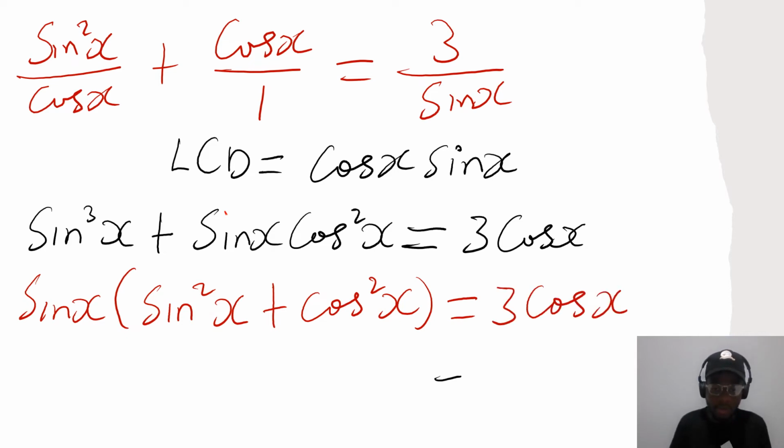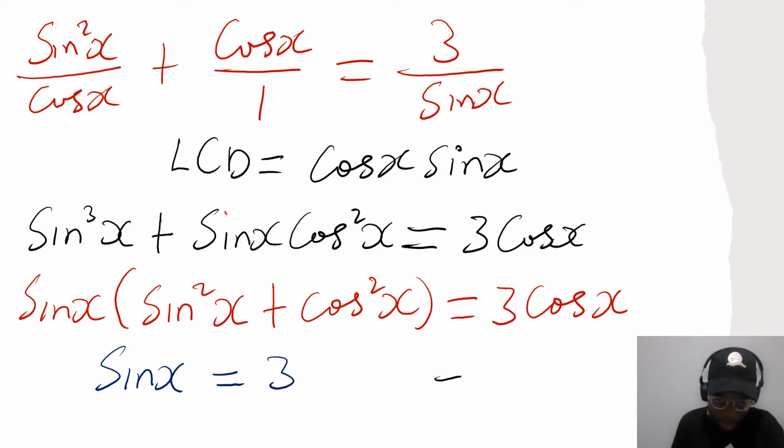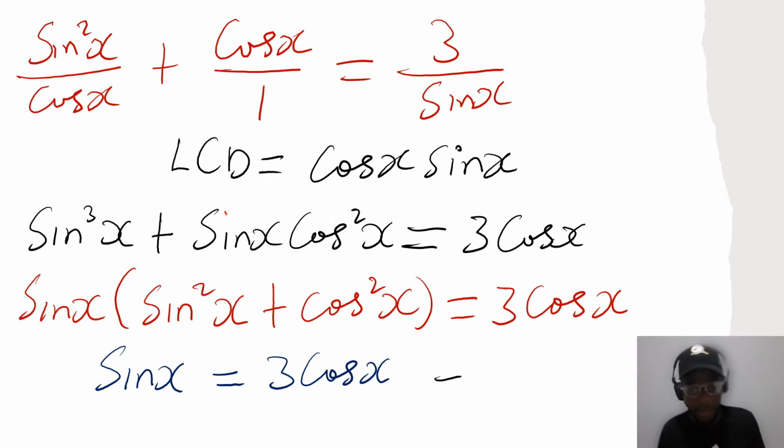I think we are still together. From here, you can see sine squared x plus cos squared x equals 1. So you'll be left with sine x multiplied by 1, which is the same as sine x, equal to 3 multiplied by cos x. All right.